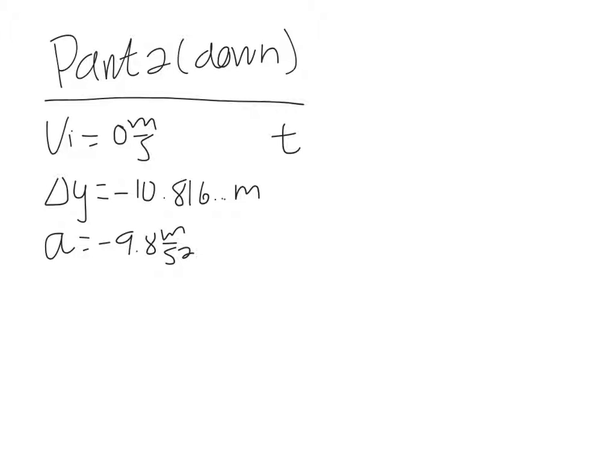Given v initial, delta y, and a, it makes sense to use delta y equals 1/2 a t squared plus v initial t.